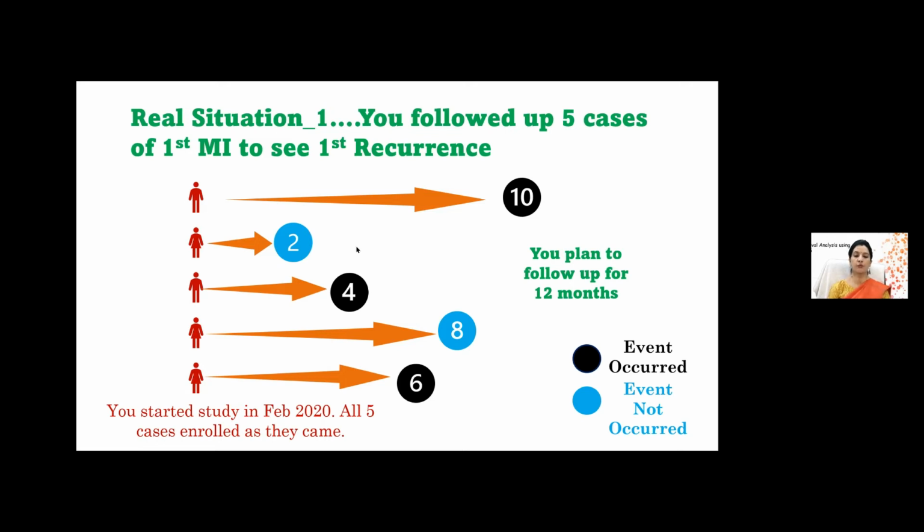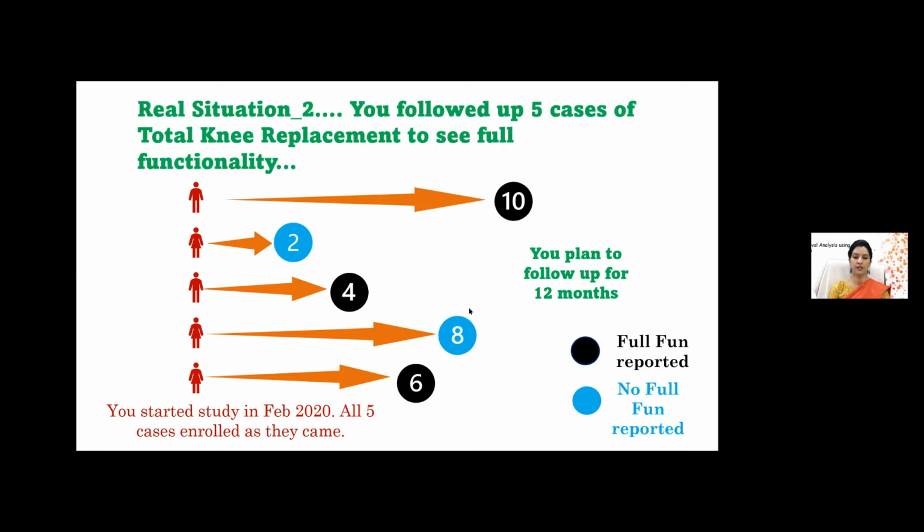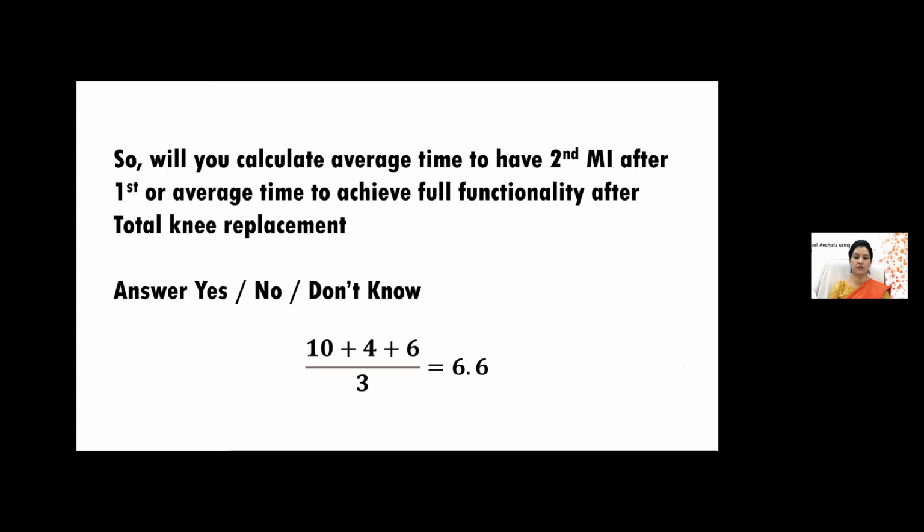So what you did, you have not taken these 2 people into account, right? That's how you did that. If you calculate like this, you will not have the true picture of the median survival or the mean, because the mean is not giving the true picture in this case.